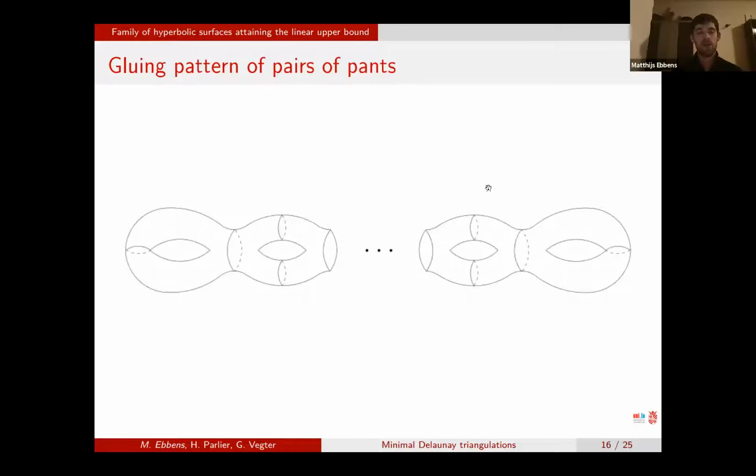Then we will glue them together in this way, so to speak, all in a line. There are no deep reasons for this. This is just to make it easier for bookkeeping and to check where the vertices are and where there are no vertices. If you glue 2g minus 2 of these pairs of pants together, you will get a genus g surface.